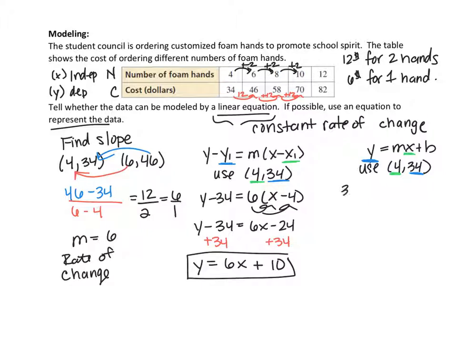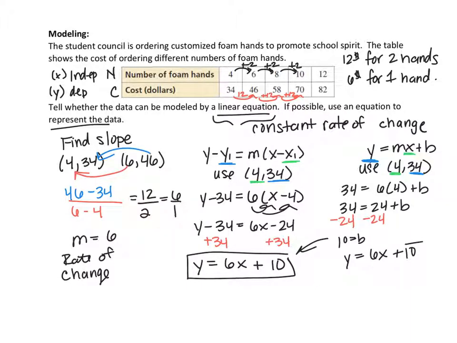So we have 34 is equal to 6 times 4 plus b. So 34 is equal to 24 plus b. To isolate the b, you would subtract 24 from both sides, and that would give us 10 is equal to b, which is the same thing we had over here. So y is equal to 6x plus 10.